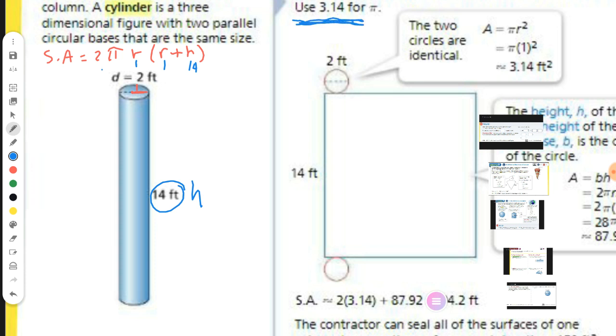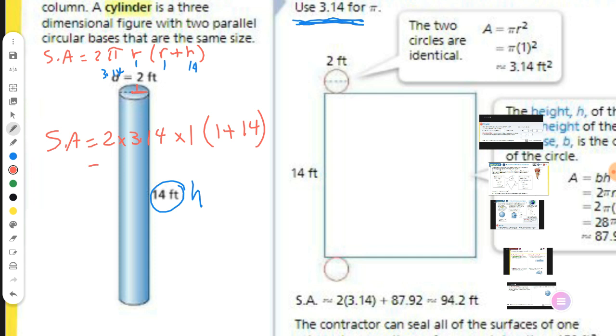By substitution, you will find that SA equals 2 multiplied by 3.14 multiplied by 1, multiplied by (1 plus 14).